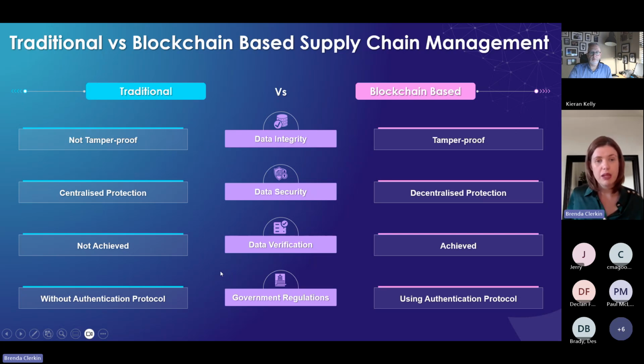With blockchain, you might be able to streamline that so it looks similar across organizations. So lots of different benefits coming through there in terms of integrity, security, verification, and government regulations.